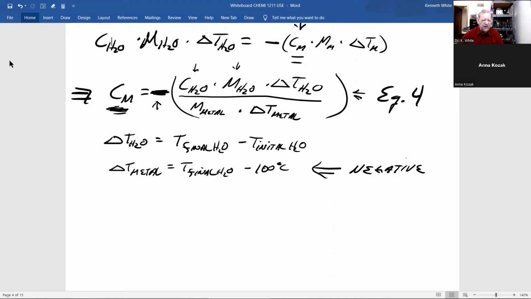So what you're going to be doing is calculating this, the specific heat of the metal, and then you're going to take an average. Remember, add the 3, divide by 3, and then you need to find a percent error.